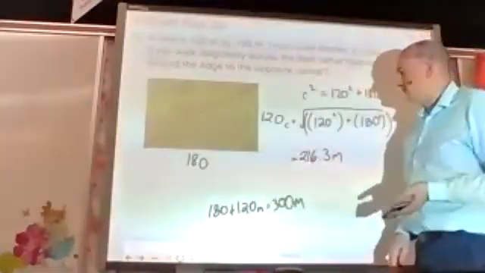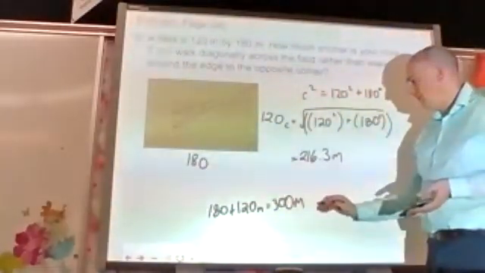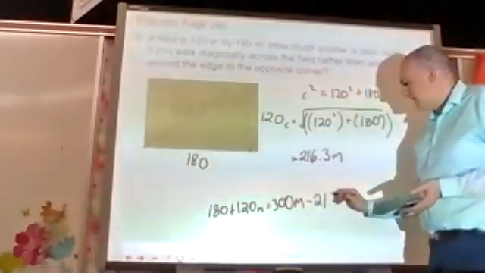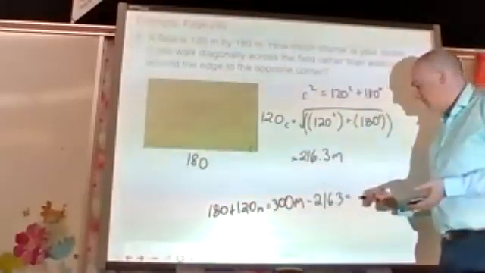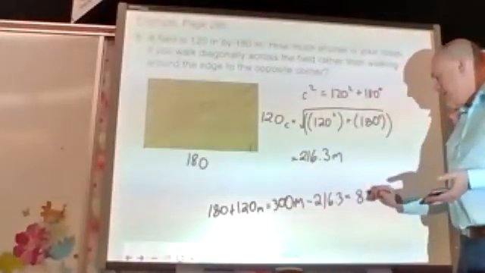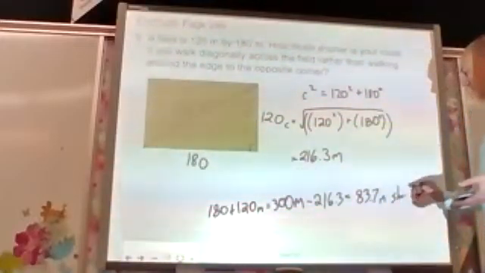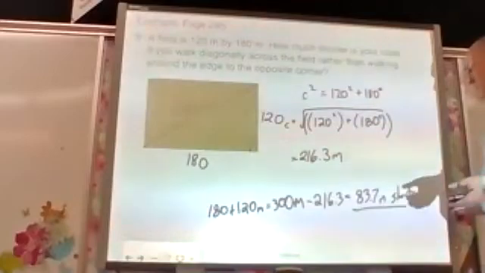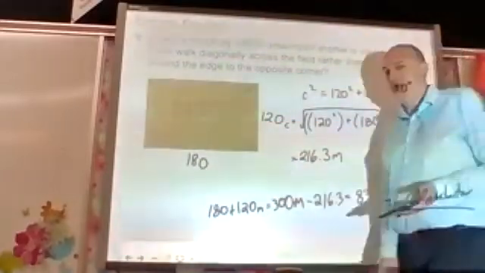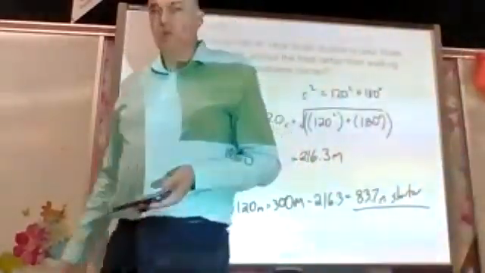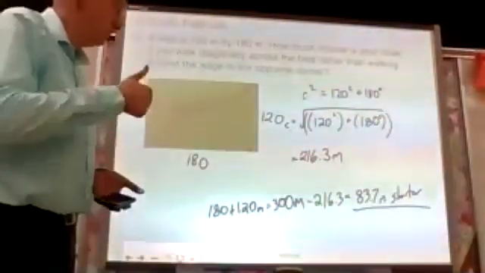If you do walk across the field, it's 216 meters. So we subtract that to find out that it is 83.7 meters shorter. So you saved yourself a lot of walking. Great. Good job, you.